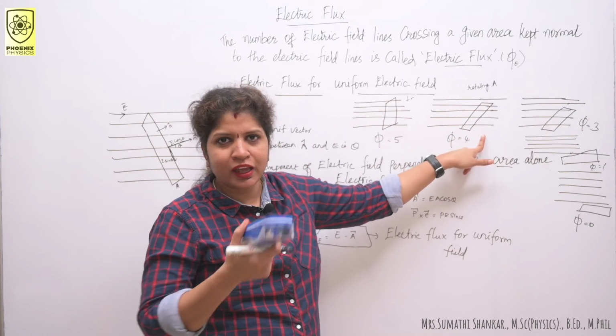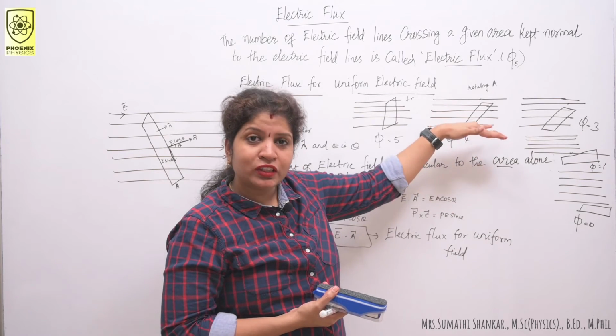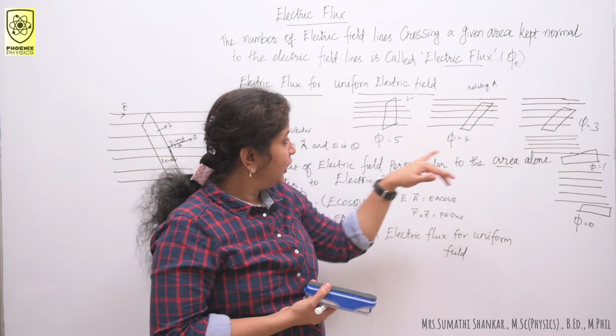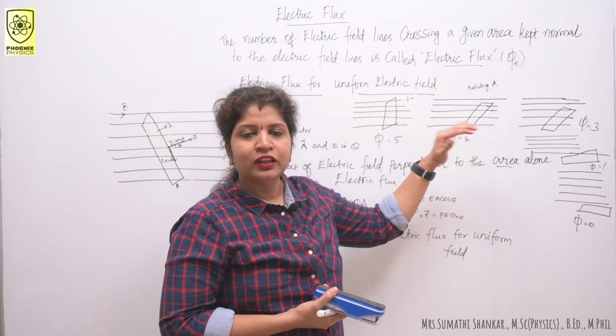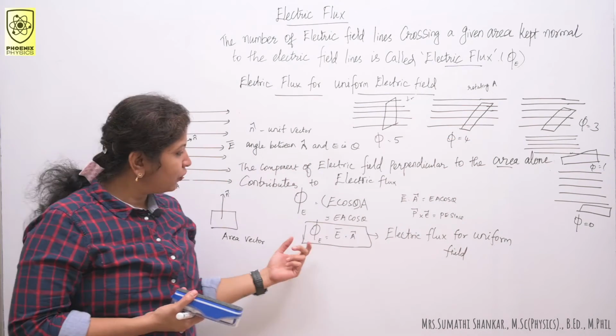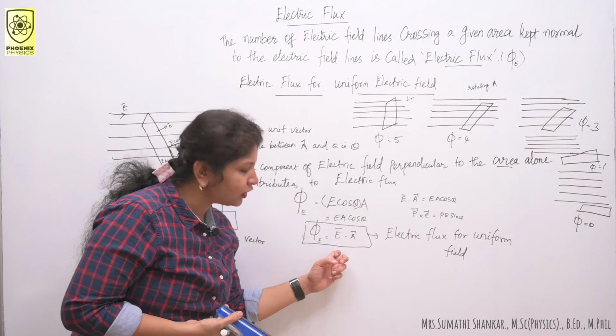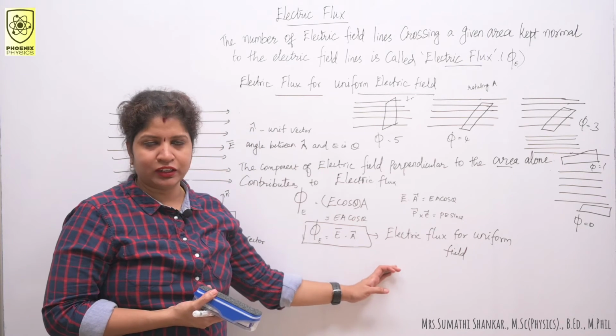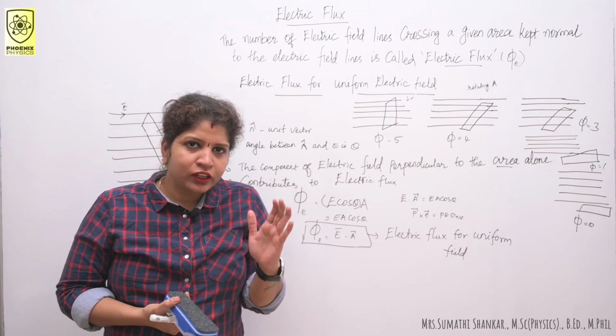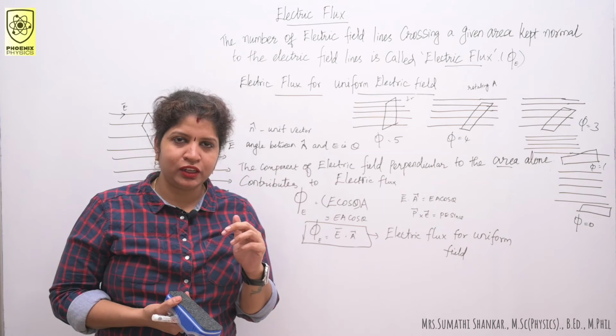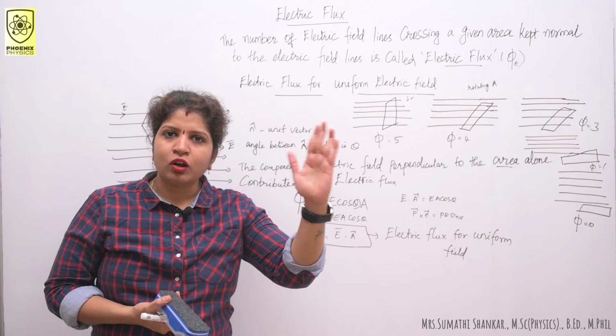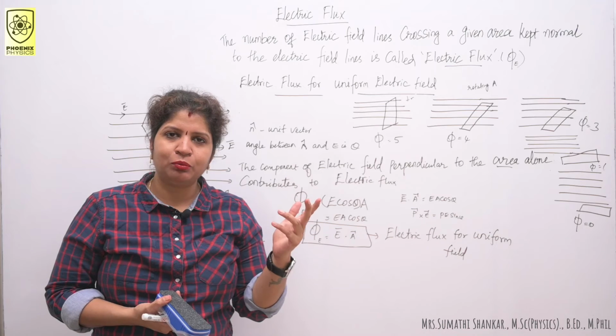A is nothing but area. So based on this area position, flux varies. That is why I said flux depends on electric field and area vector. Actually, area is a scalar quantity. If you draw one normal to the area, it will become a vector.